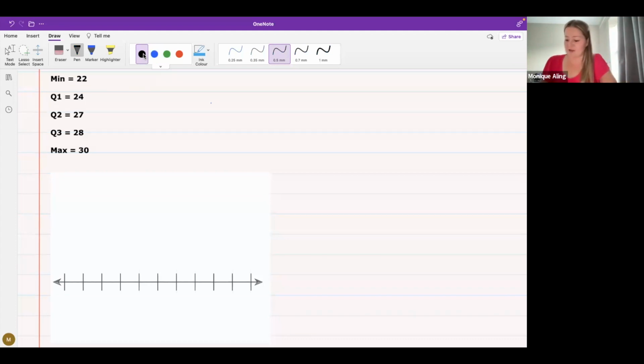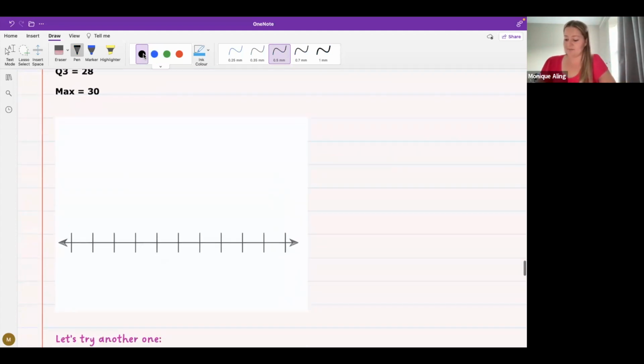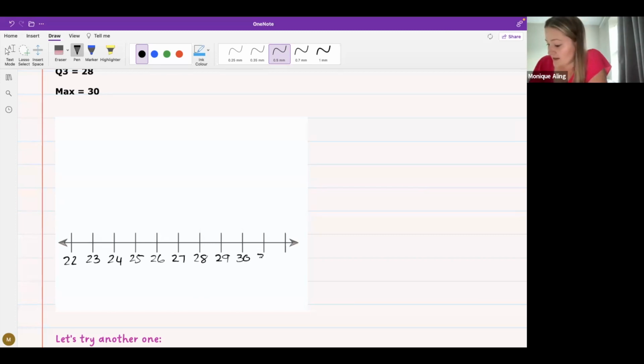So I'm just going to fill in the numbers quickly. So 22, 23, 24, so almost like a graph going up in our equal increments, but we're using a number line instead of a graph.